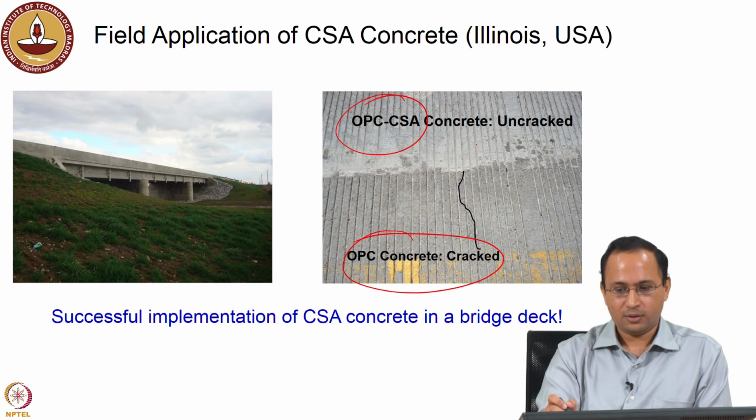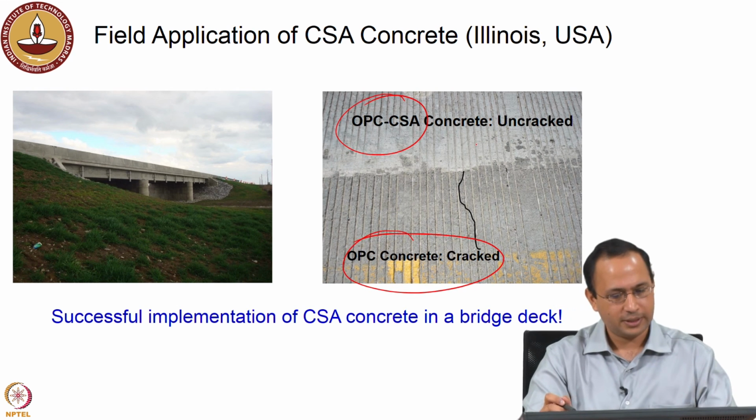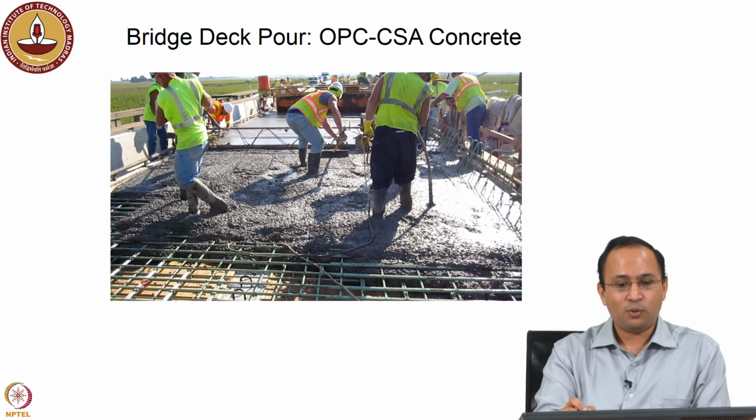There was no sign of shrinkage cracking. So, it was a successful implementation of CSA concrete. This is the deck pour. The concrete was fluid and workable, no issue. Again, this was a blend of OPC and CSA cement, and there was no issue in terms of pouring it in heavily reinforced areas.